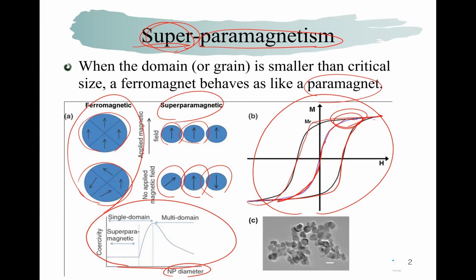If we consider the particle size, the nanoparticle diameter, when we shrink down the particle size, usually the coercivity gets larger and larger.